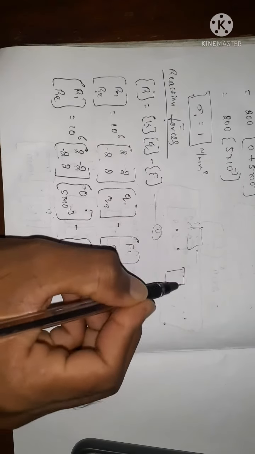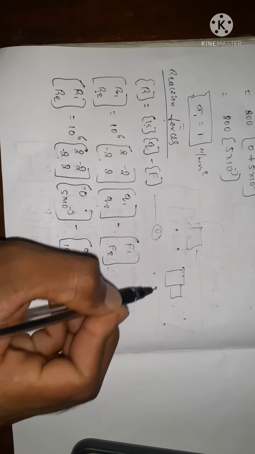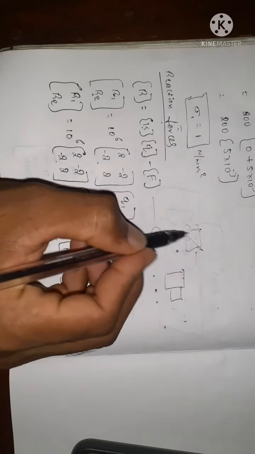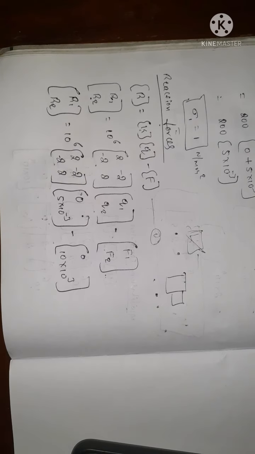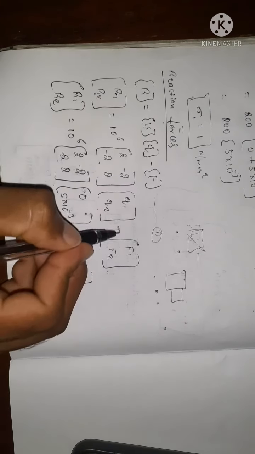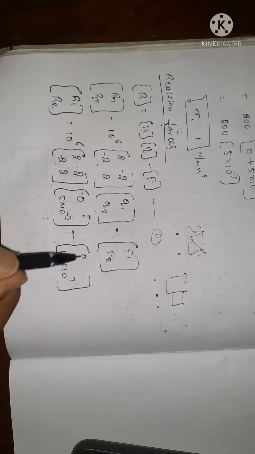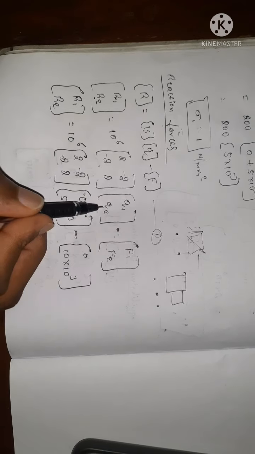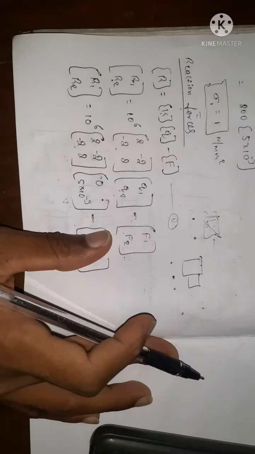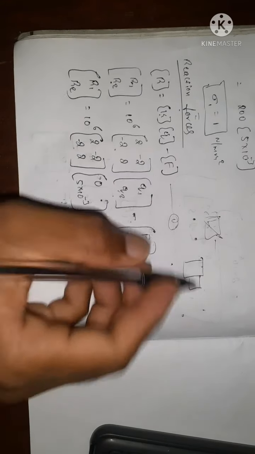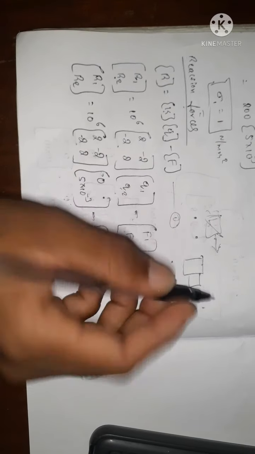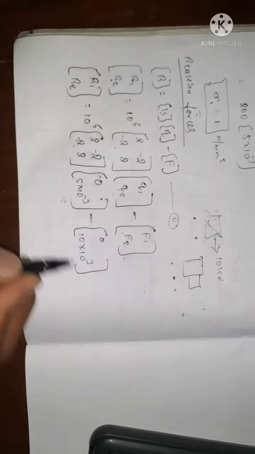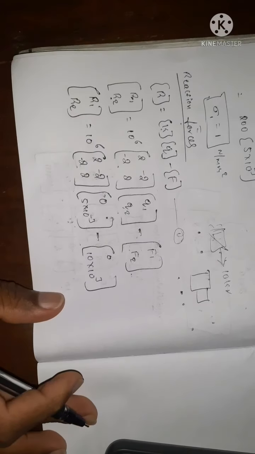For a stepped bar with 1, 2, 3 nodes given, I would have more, but here I only have to write R1 and R2. Okay, Q1, Q2, F1, F2, this is a minus. So F1 value is always 0, Q1 value is always 0, Q2 I found as 5 into 10 power minus 3, and F2 value is always given in the problem; in the one dimensional bar element it is 10 kilonewton, which is 10 into 10 power 3.